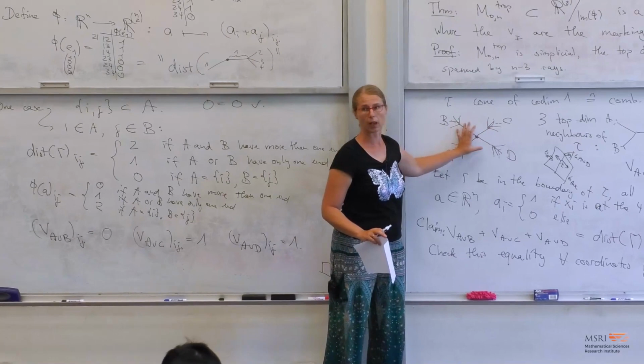So I let lambda be the minimum over all top dimensional cones of the weight in sigma 2 divided by the weight in sigma 1. If this is not already an integer, I can multiply with the denominator to make it an integer.